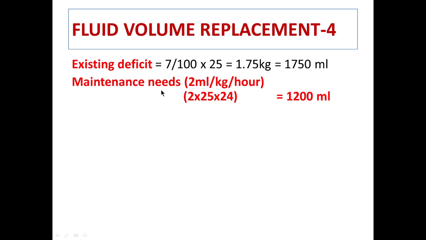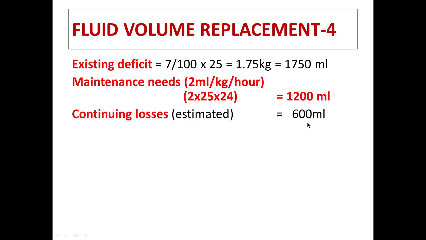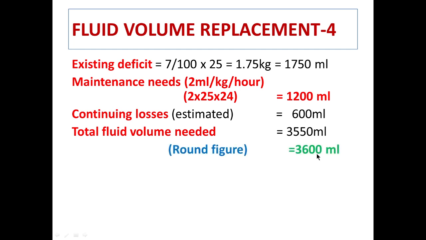So it comes to about 1200 milliliters. The total fluid volume needed for this animal will be 3550 milliliters. For the ease of making a round figure, it will be 3600 milliliters, just for ease of calculation.